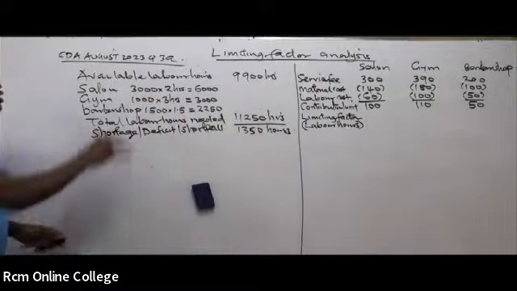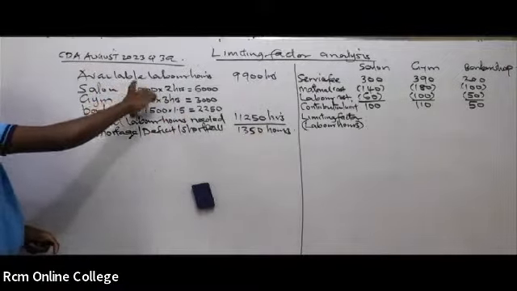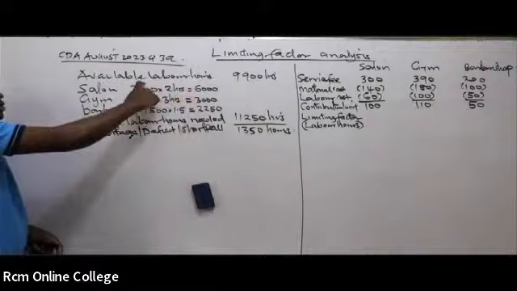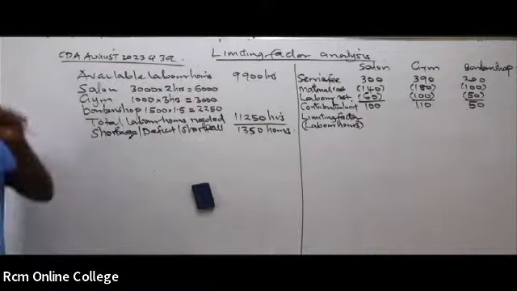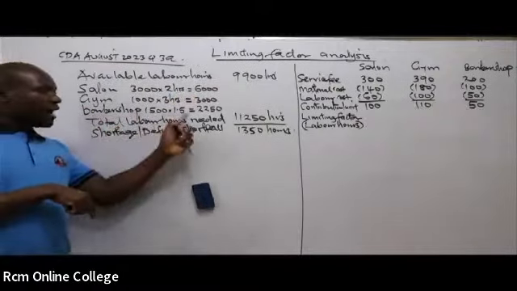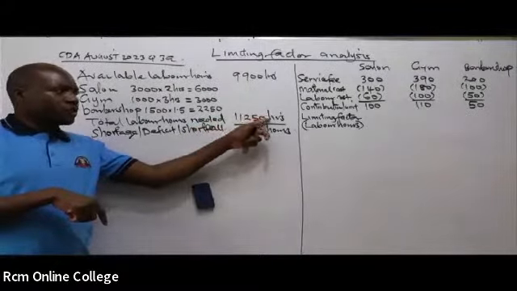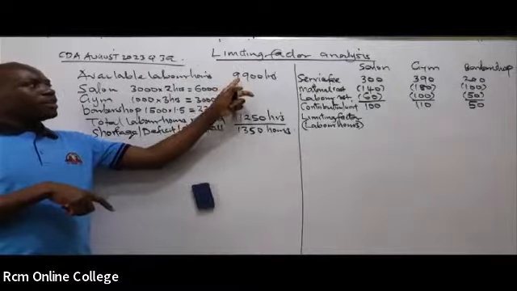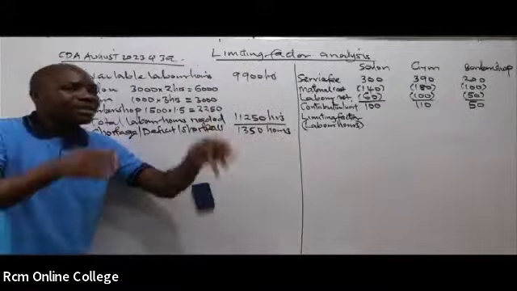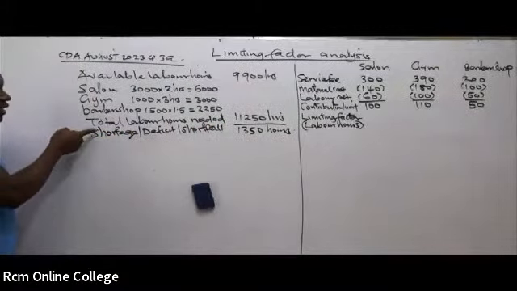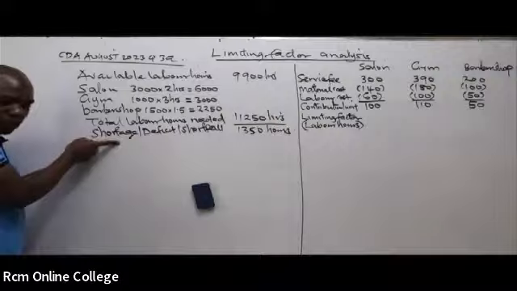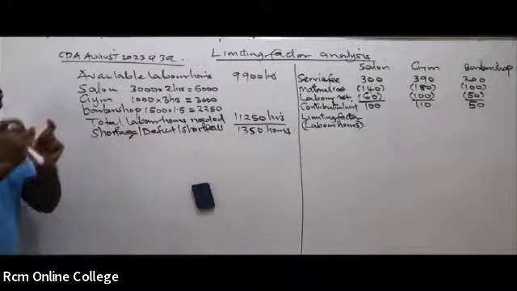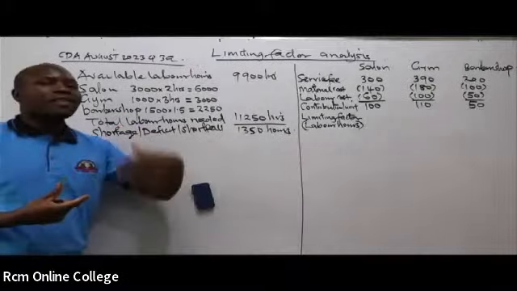We went ahead and looked at the total number of units to be produced, right? These ones here. And you're able to see that the total hours needed is 11,250. What the company can provide is 9,900. In that case, the moment you tell us that there's a deficit, a shortage, or a shortfall, you have been able to identify the limiting factor.